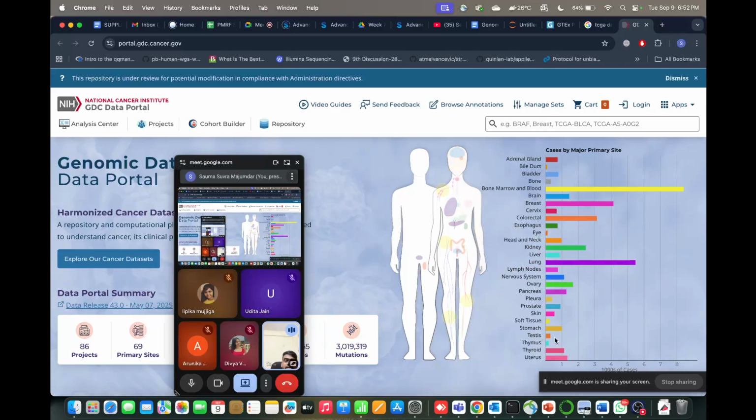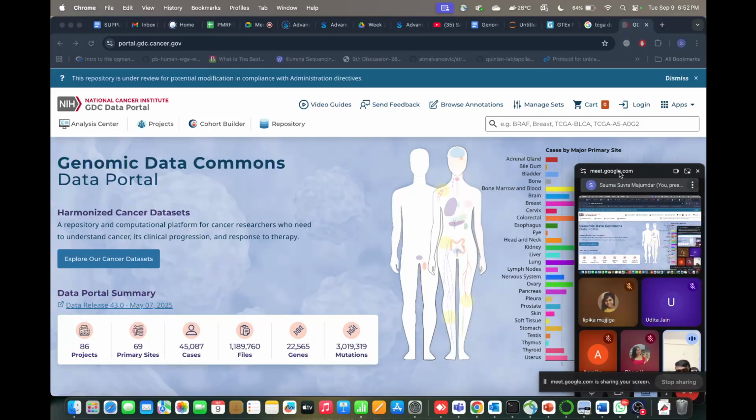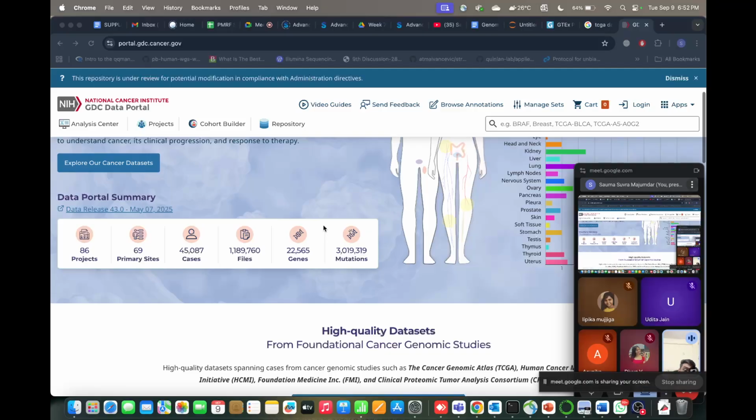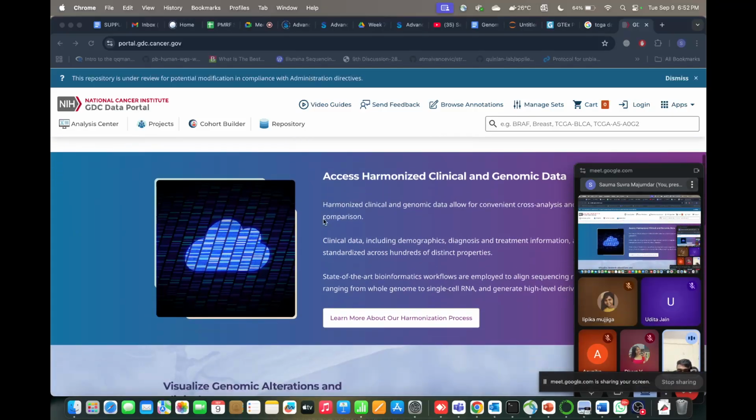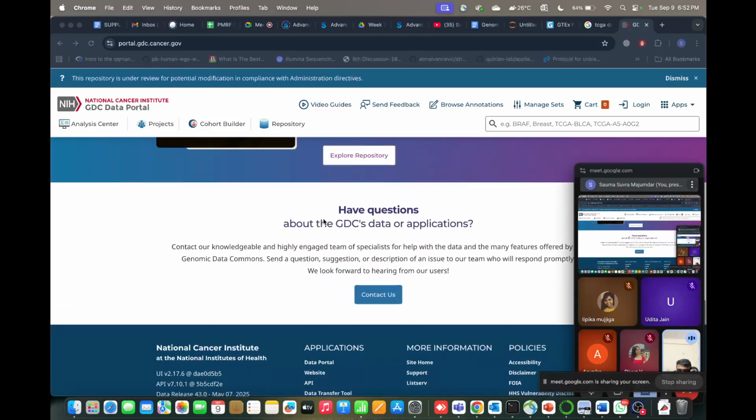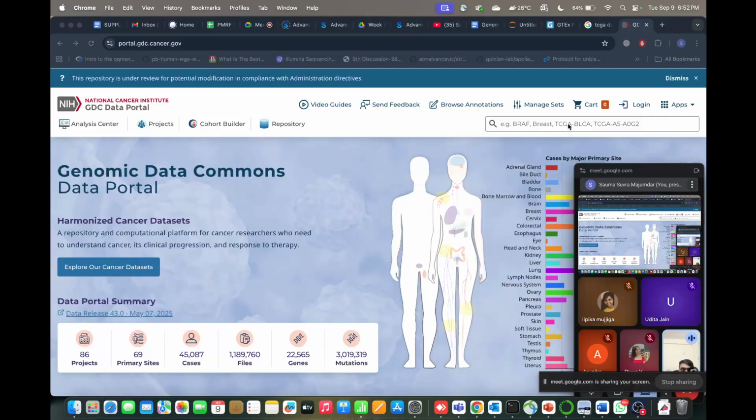So different types of cancer samples they have accumulated, and they've studied the genes, the genetic variations associated with these cancer studies. And so yeah, a lot of the data is under controlled access, so you have to apply for access and then get approved and then get the data mostly.